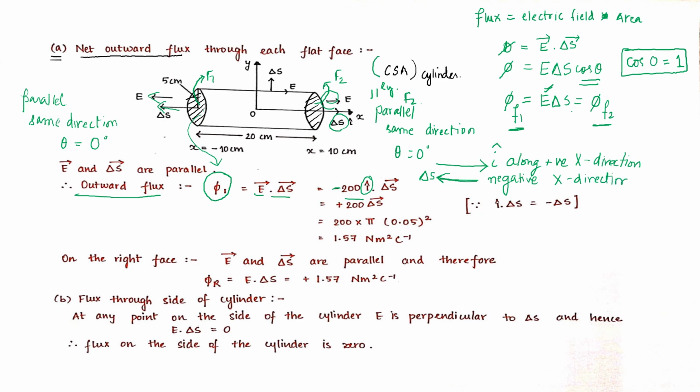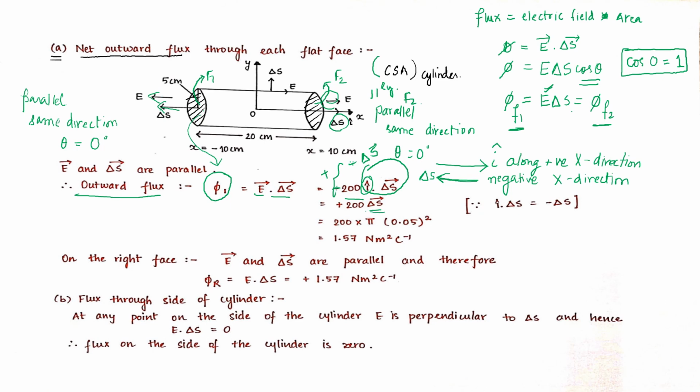So as these two are in opposite directions, when the dot product is taken for I dot del S, the product will turn as minus of del S. So this whole system will give you minus del S. This minus and this minus will sum up to make addition. So what we will get? Plus 200 into area vector, plus 200 into area vector.